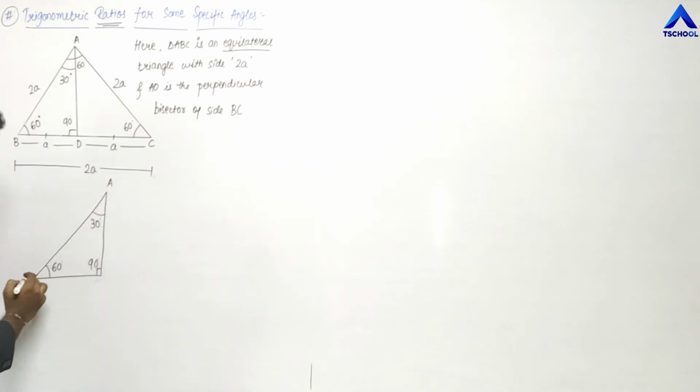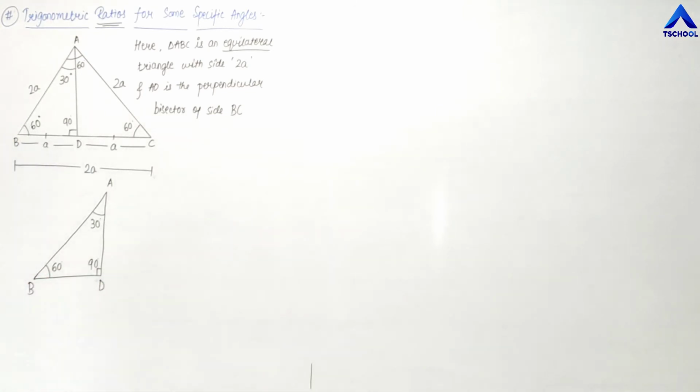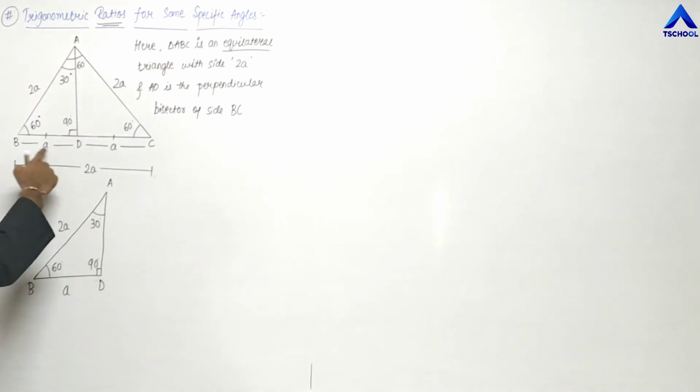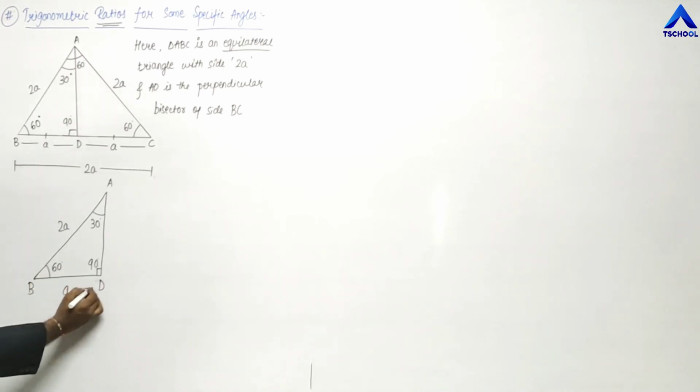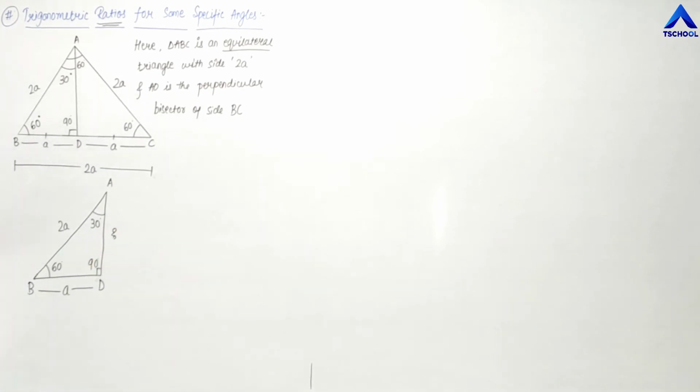This is my A, this is my B, and this is my D, friends, as you see. So this will be 2A, this is only A, B to D, that is only A, and we are not having this side AD. Okay, so that is actually now for angle 60-30.